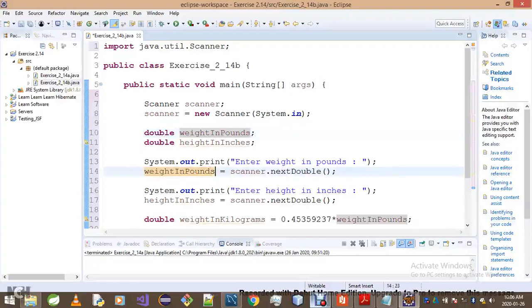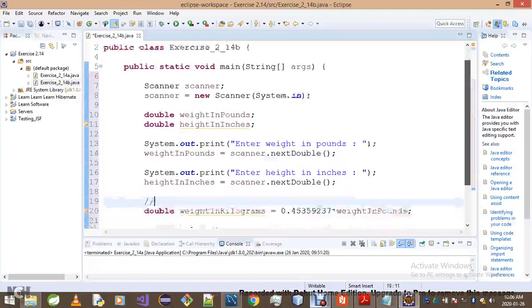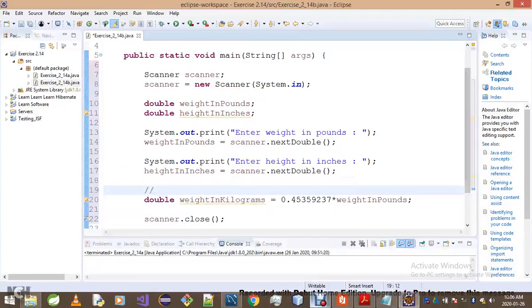Pounds, not pound. Again, if you don't know how we obtained this value here, I'm going to go through that. What we did is we use the fact that one pound is actually this number in kilogram.